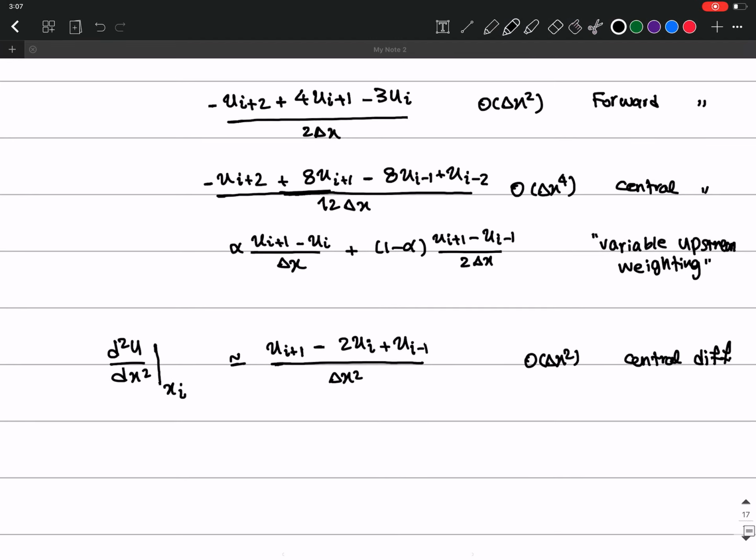And we can have more complicated ones similarly, and we can obtain those based on the scheme that we showed.